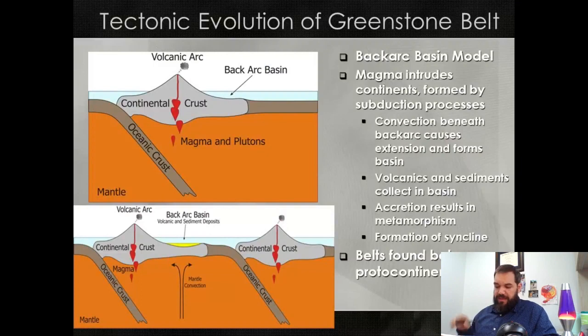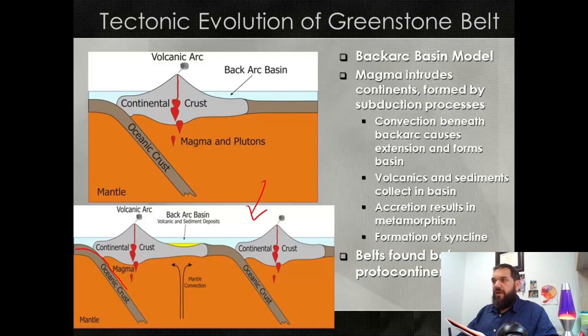So how do we think these things form? This is more what you want to draw for the previous question, which says to draw a picture of a volcanic arc. Something like this, because I want you to show the back arc basin as well. You have the ocean crust subducting.